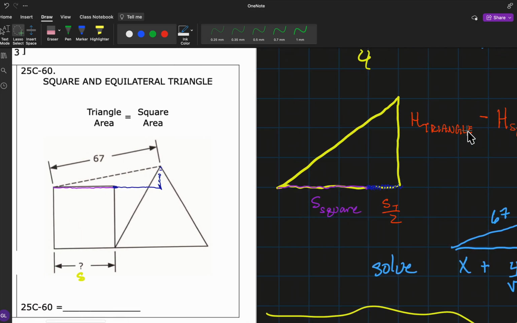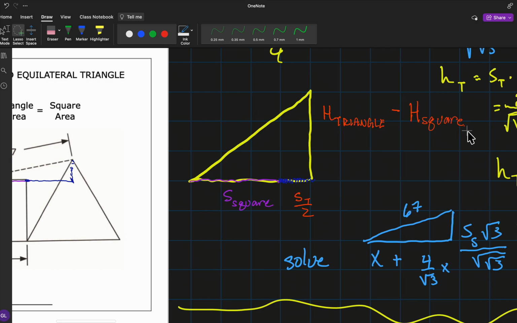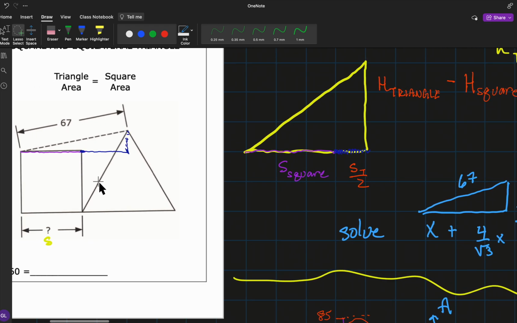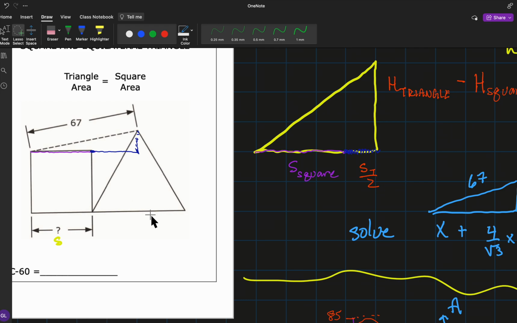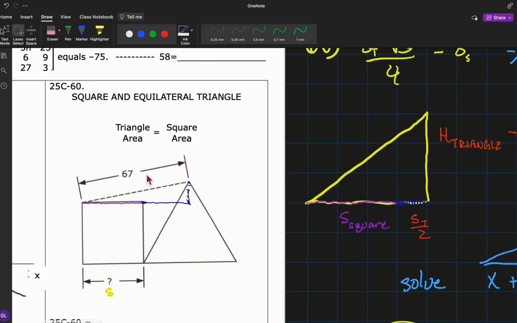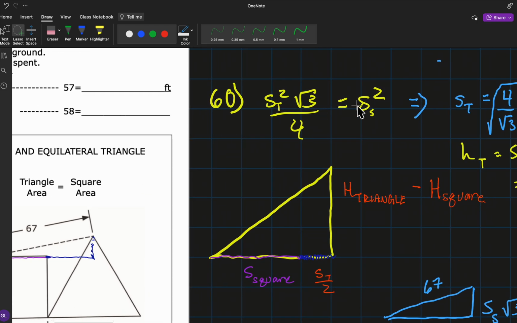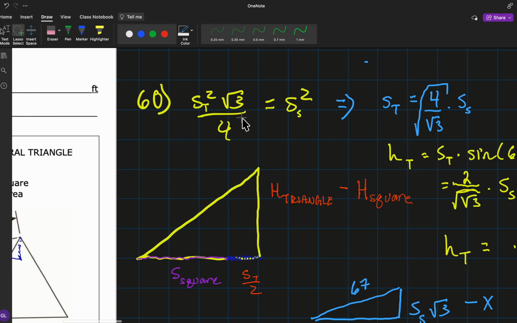The annoying thing is that we have to get all this in relation to one variable so that we can solve it, but we have two unknowns, the side of the square and the side of the equilateral triangle. We need one more equation to relate them, and that's going to be this one up here. It's their areas. With enough experience and calculations, you find out that the area of an equilateral triangle is going to be its side length squared times square root of 3 over 4.